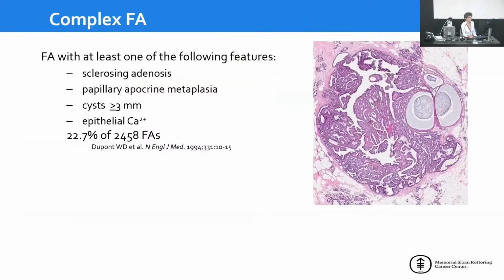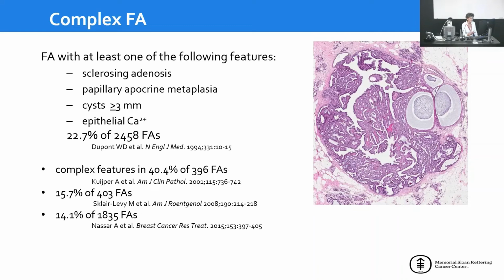Another entity is complex fibroadenoma, which was defined by Dupont and colleagues in '94 as a fibroadenoma that had either one of the following features: sclerosing adenosis, papillary apocrine metaplasia, cyst formation, cysts 3 millimeters or greater, and epithelial calcifications. And in their study of about 2,400 cases, they identified these features in nearly 23% of the cases.